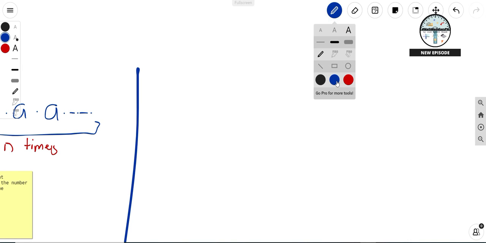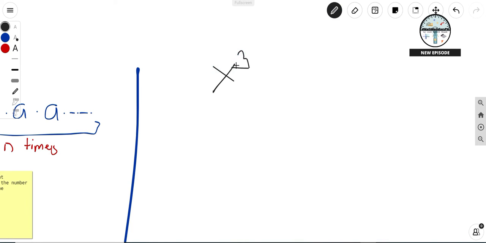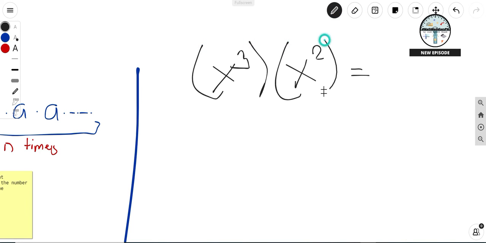Let's say x cubed times x squared. That's the same as multiplying, by the way. Do you wonder why this is equal to x raised to 5?